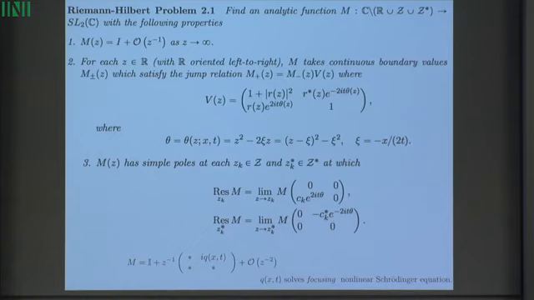I put it up in its full glory because I want to talk a little bit about poles. So the problem is really the same sort of problem. You want to find M, which is a 2x2 matrix valued function, analytic above the real axis and analytic below the real axis, with one additional assumption.